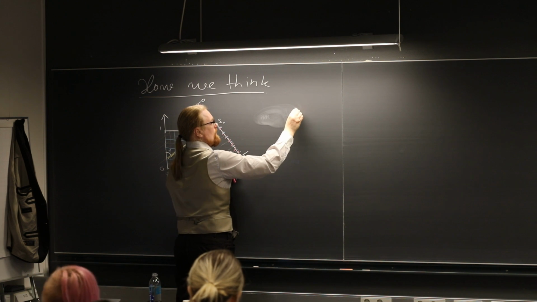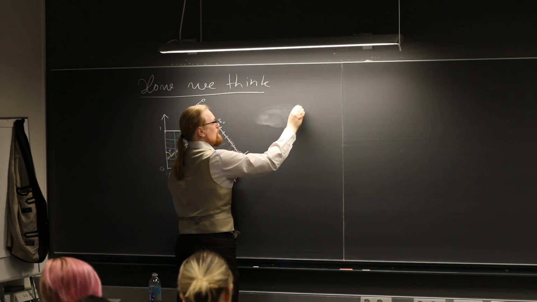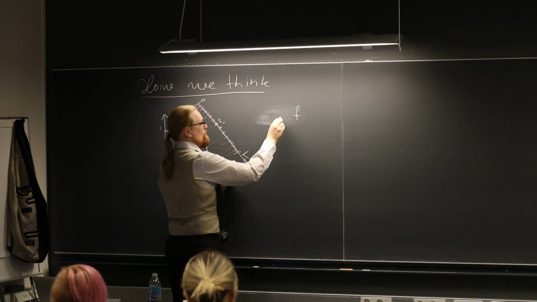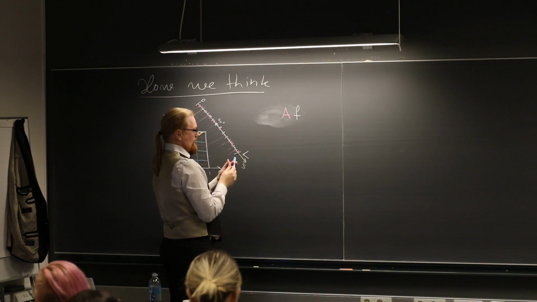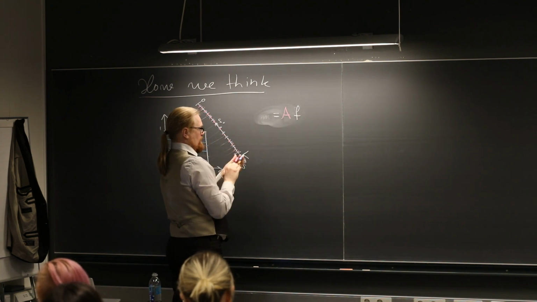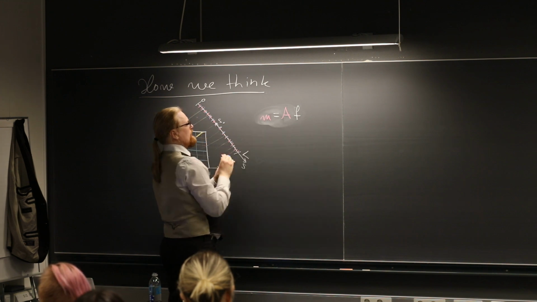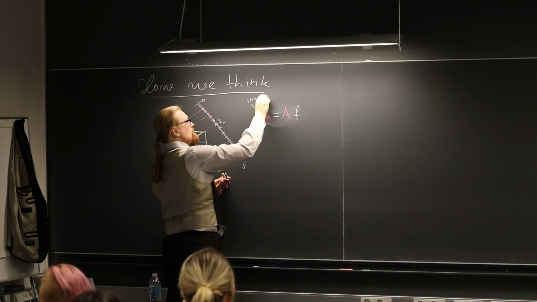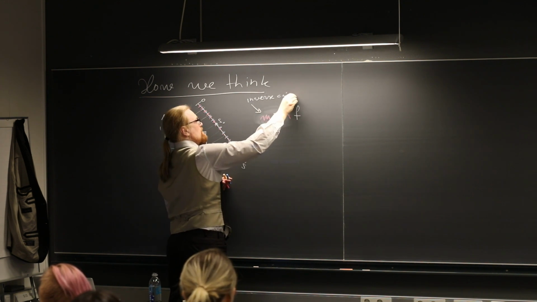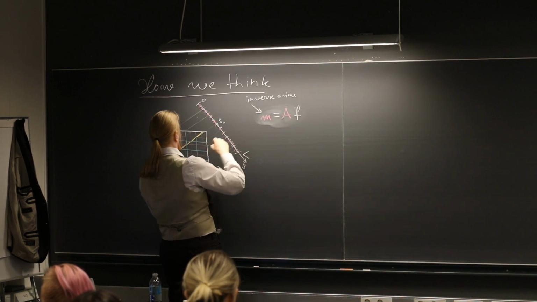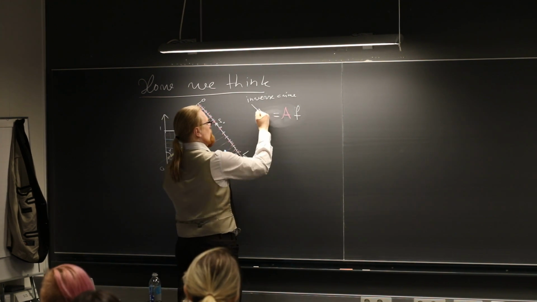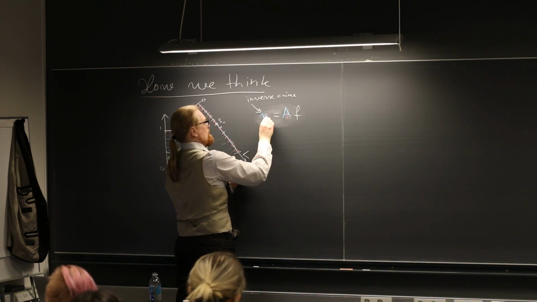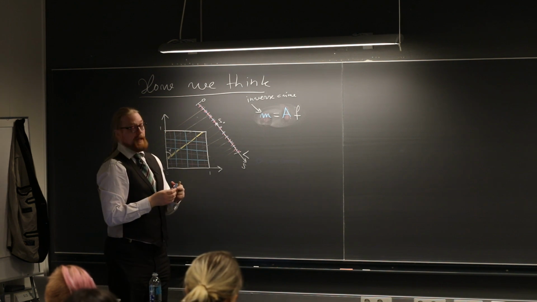We have an F which we could multiply with this matrix, and we would get this one, but here we have inverse crime. Should have been blue. Sorry. If we do this, there would be inverse crime.